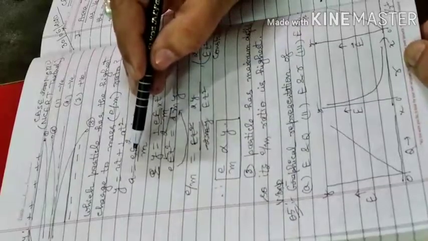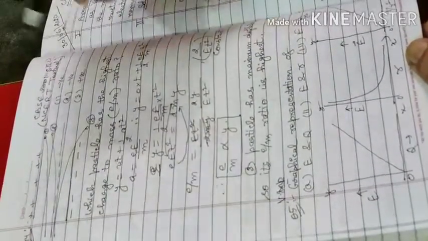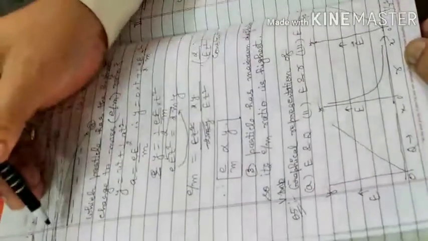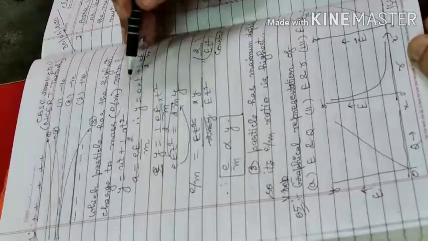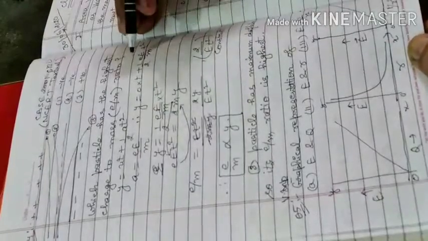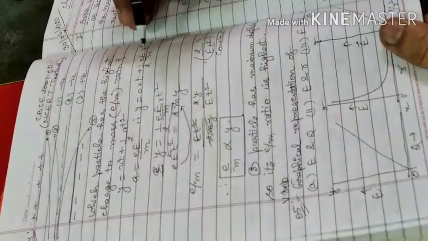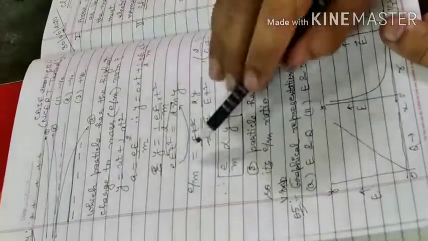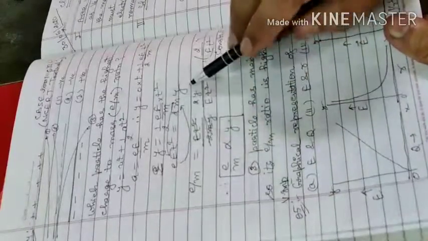If there is any confusion, we can take Q also, no problem. So y is equal to, when the charge starts its movement, the initial velocity is 0, so this term becomes 0. Substituting the value of a, y is equal to 1 by 2 eE upon m into t square. Cross multiplication: eE t square is equal to 2 m into y.